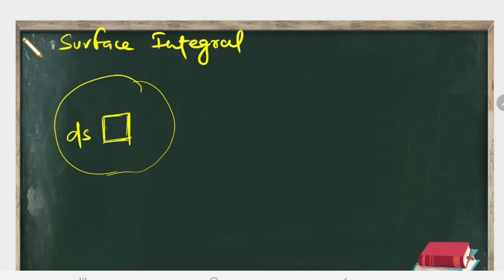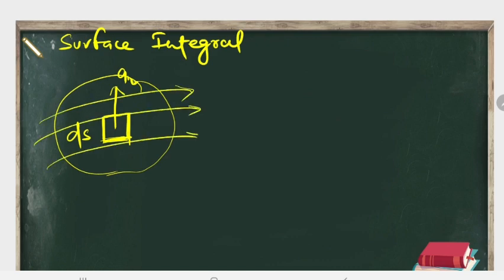So we have the magnitude of this vector and its direction. The direction of this vector is perpendicular to the area. Suppose this is a_N, and the direction of the electric field is along this. This is a closed surface, surface S.